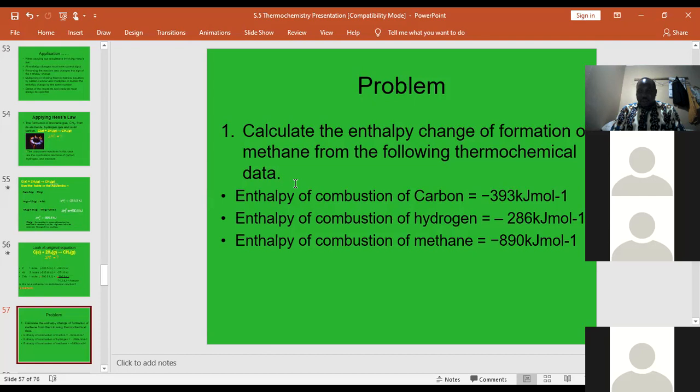So it's Peter. I got negative 75 joules per mole. Kilojoules per mole. Kilojoules or joules? Kilojoules.